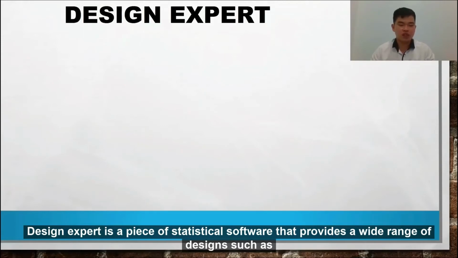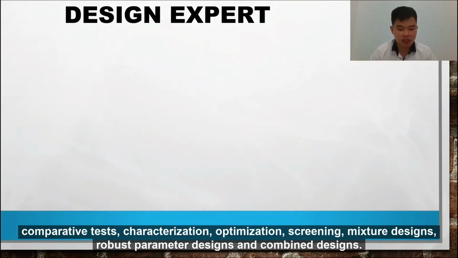Design Expert is a piece of statistical software that provides a wide range of designs such as comparative tests, characterization, optimization, screening, mixture design, robust parameter design, and combined design.